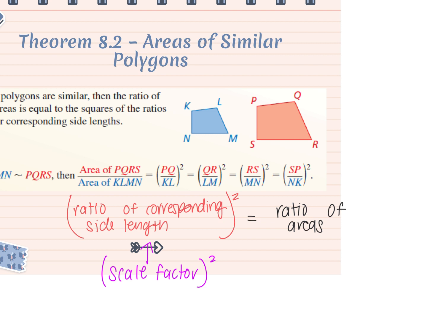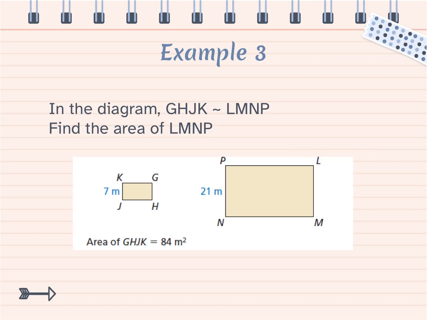So looking at this example, they're giving you the area of GHJK. What they're asking us to do is to find the area of LMNP.